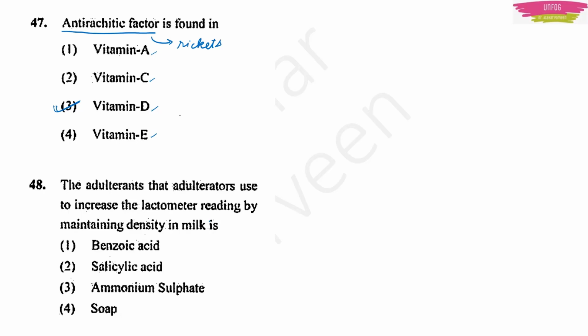So using that chemical, we can also maintain the density of milk. Like if we add water in the milk, it becomes a bit thin, right? It does not have the usual milk density. But if we use that adulterant, it will increase the lactose reading in the lactometer and it will also maintain the density of the milk. So that adulterant is actually ammonium sulfate. So the ammonium sulfate will increase the lactometer reading, maintaining the density of the milk.